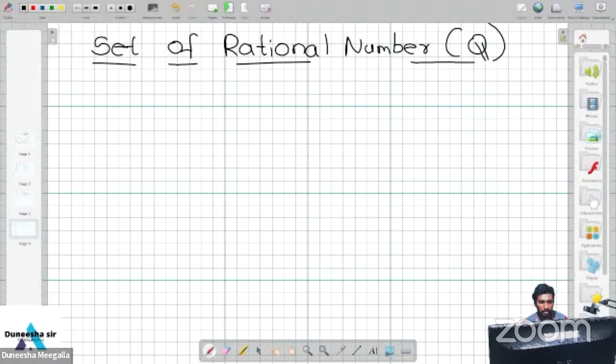Okay. Then I am giving the definition of rational numbers.